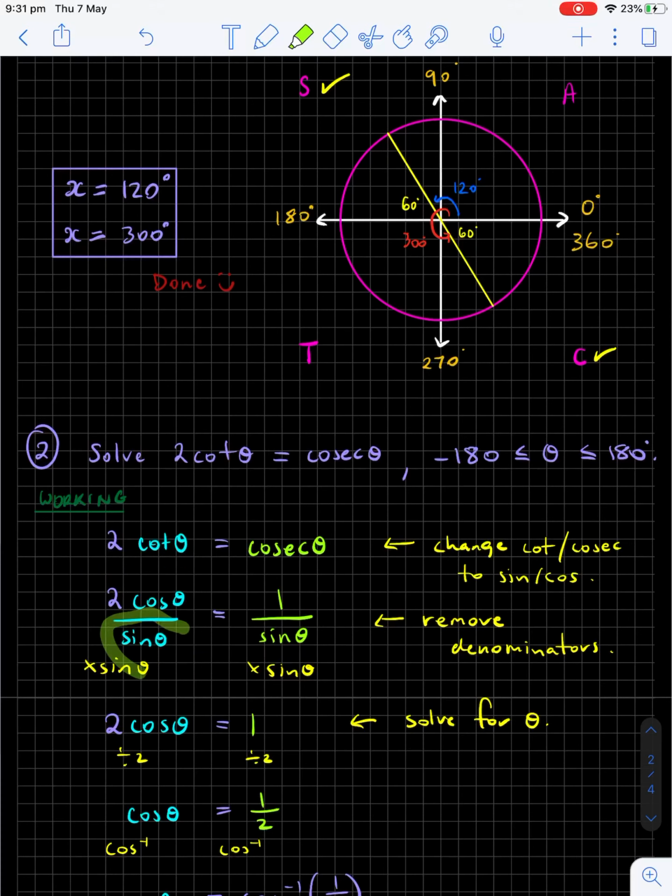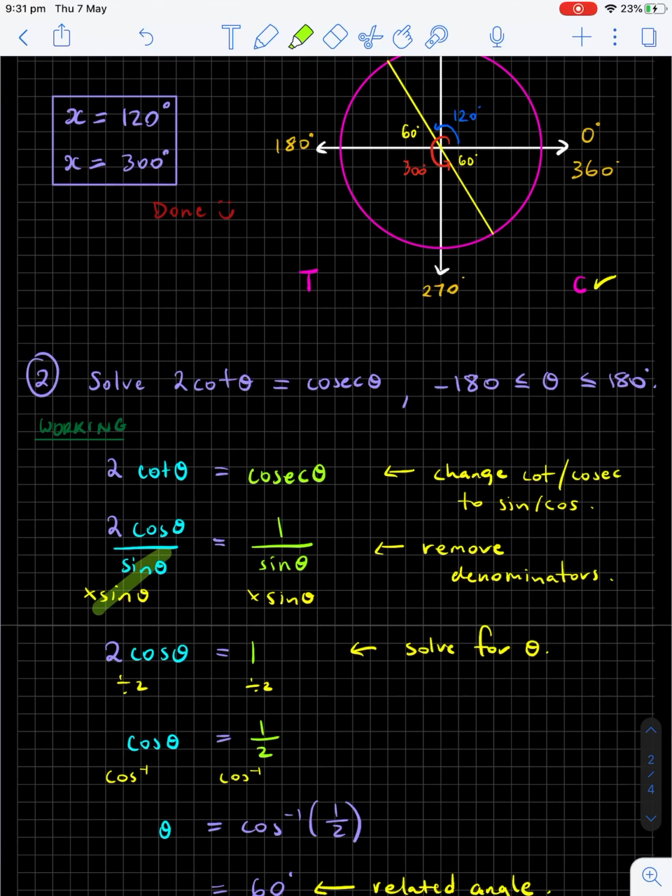Now notice that you've got sine on the bottom for both. If we multiply both sides by sine, it'll cancel both of them out, and it will leave you with just the top, which is just one trig function, which is perfect. So those sines cancel, we're left with 2 cos theta equals 1. Now we can solve this one because there's only one trig function. Perfect.